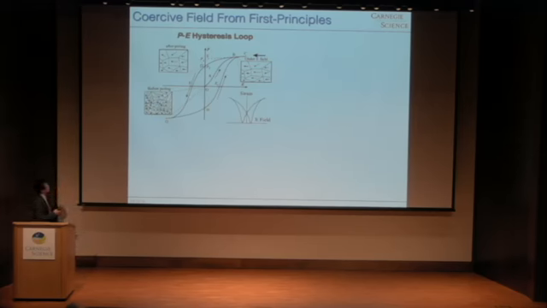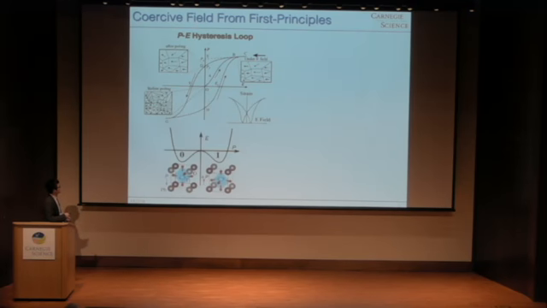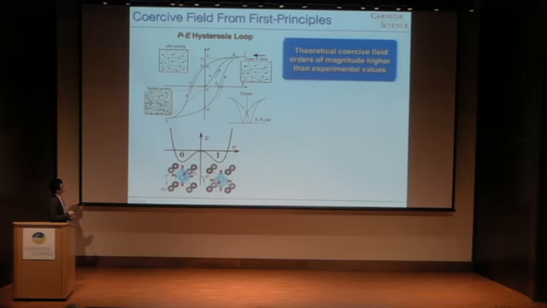Unfortunately, it is challenging to calculate the coercive field from first principles. Of course, we can calculate the well depths of this double well potential, but the theoretical coercive field based on the well depths is orders of magnitude higher than experimental values. This is expected because this energy scale corresponds to homogeneous switching.